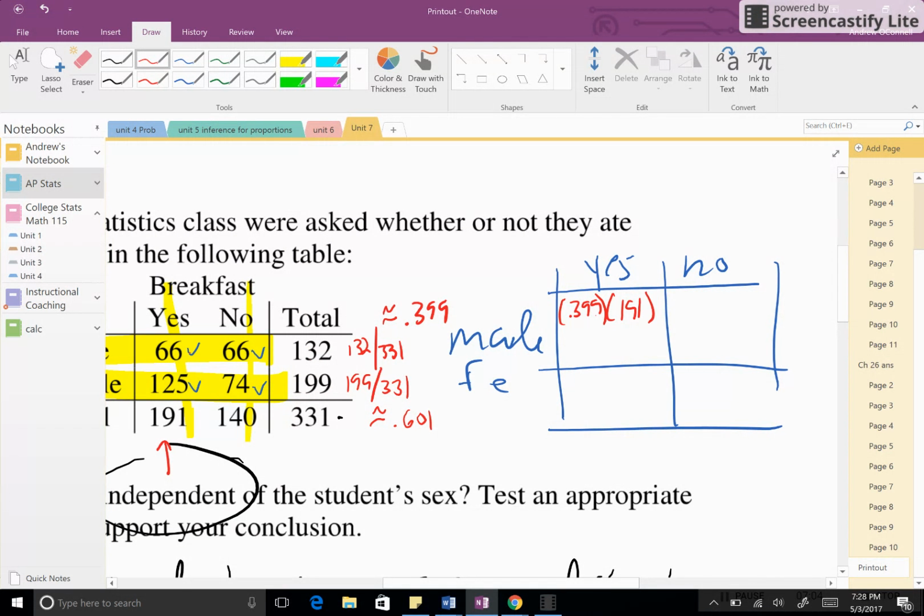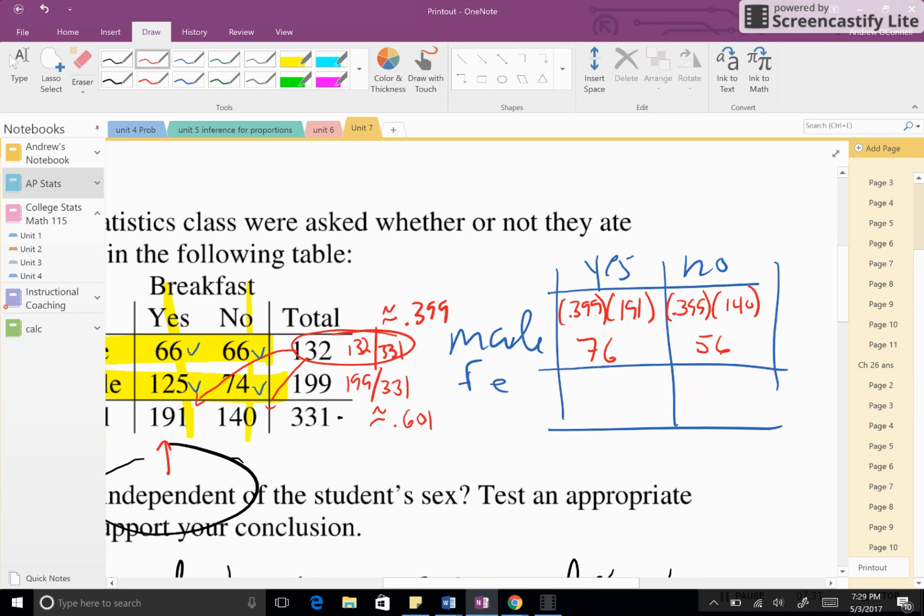It's easier to remember as finding the proportion and then multiplying it by the totals. So we're expecting about 76 here. Likewise, males had 39.9% of the population, but out of the totals who said no, 140, that was about 56. I'm just rounding right now.